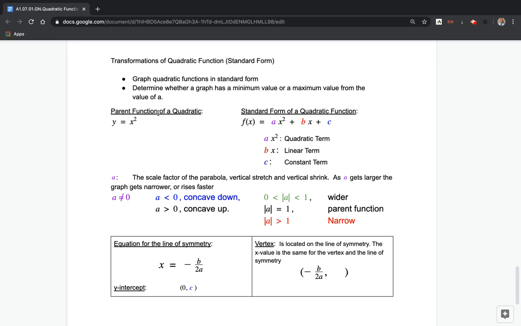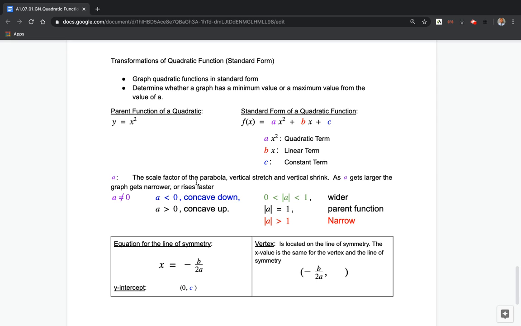The parent function, or the base function of the quadratic, is y equals x squared. There's no a value, and the b and c values are 0. The parabola, the shape that the quadratic function makes, and we'll look at that in a second, has a vertical stretch and a vertical shrink.